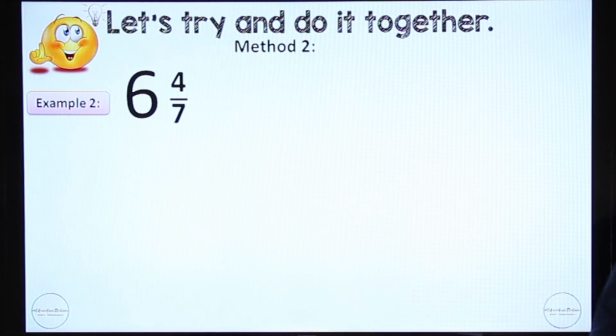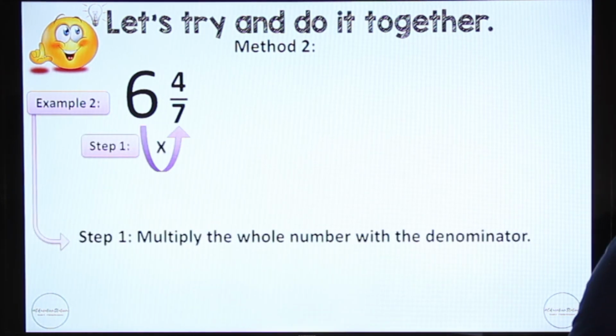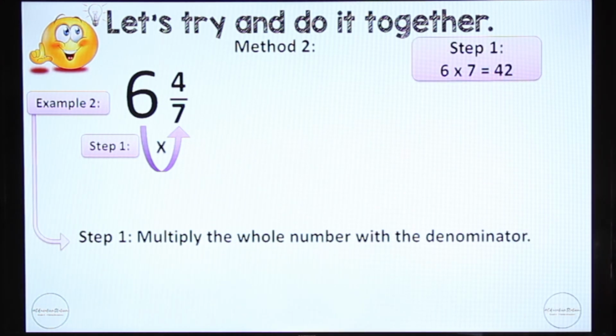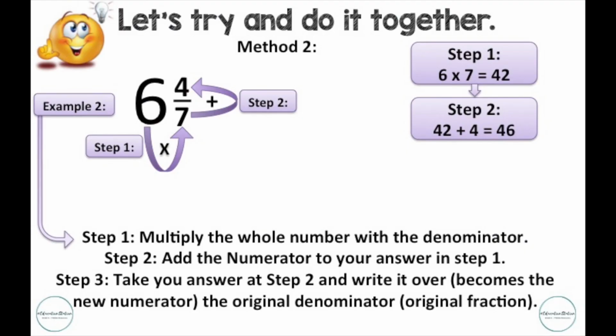So boys and girls, let's have a look at the last example, which is 6 4/7. Step number 1 would be, take your whole number and multiply it by the denominator. In this case, it's 6 times 7. 6 times 7 is 42. Step number 2, add your numerator. 42 plus 4 equals 46. And step number 3 would be, take the 46 and write it over the original denominator, which is obviously 7.